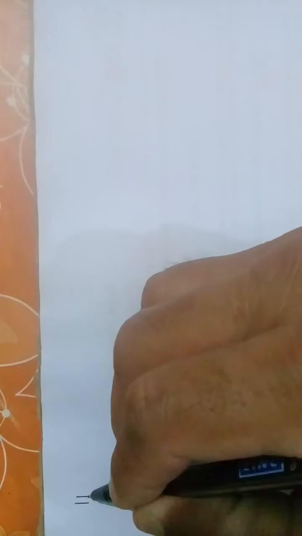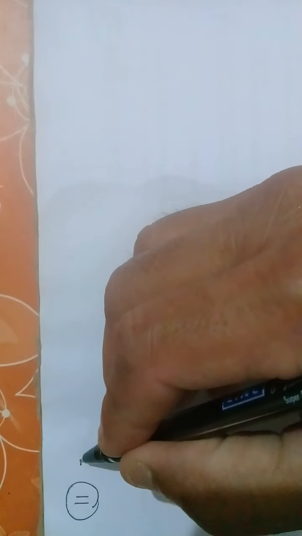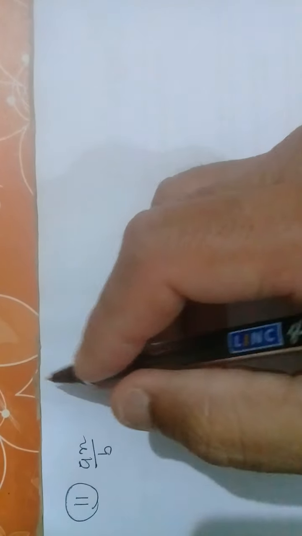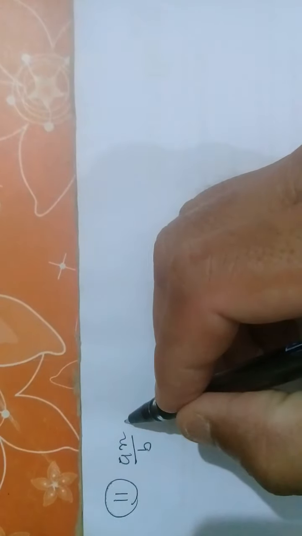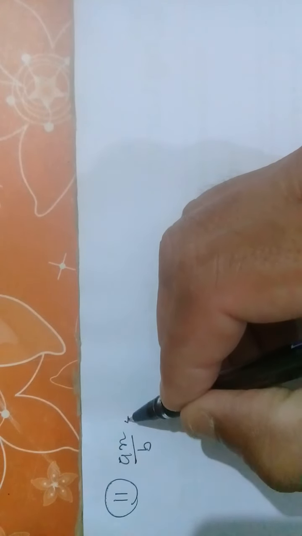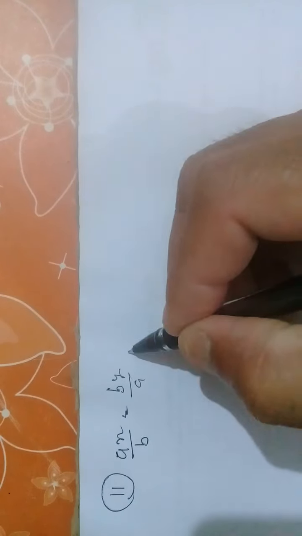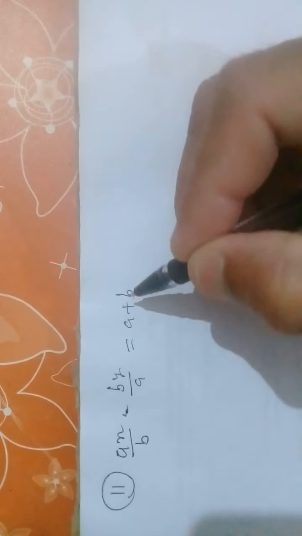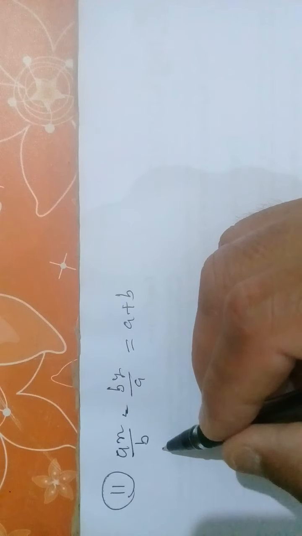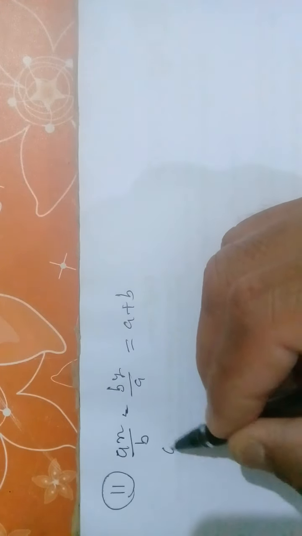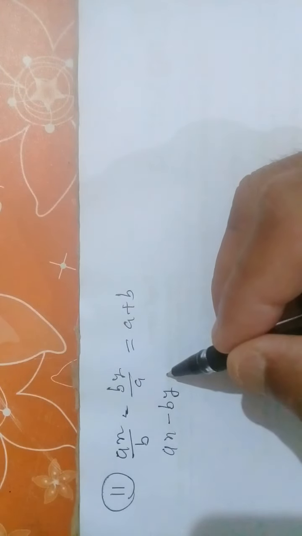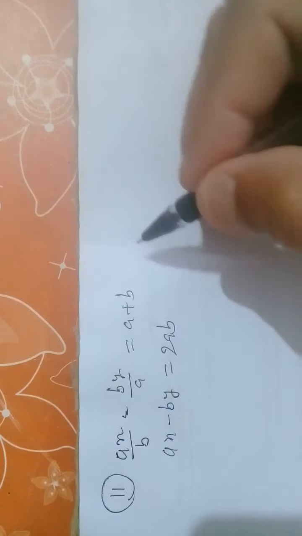Equation 1: ax by b minus by a is equal to a plus b, and equation 2: ax minus by is equal to 2ab.